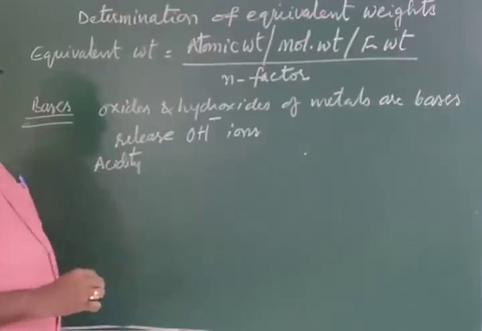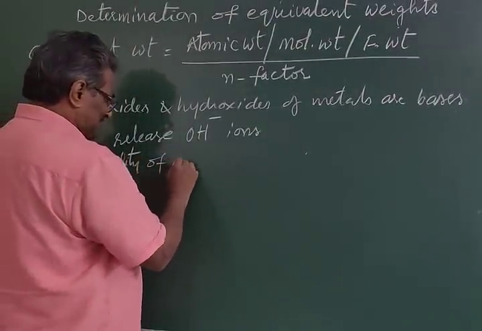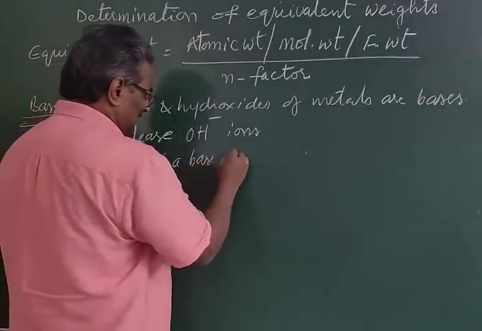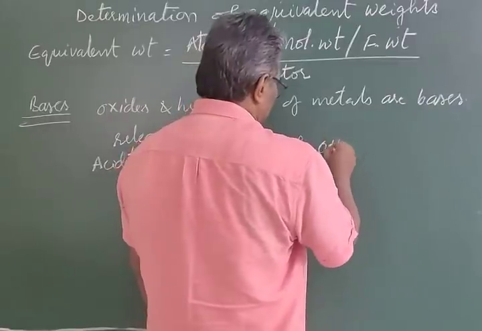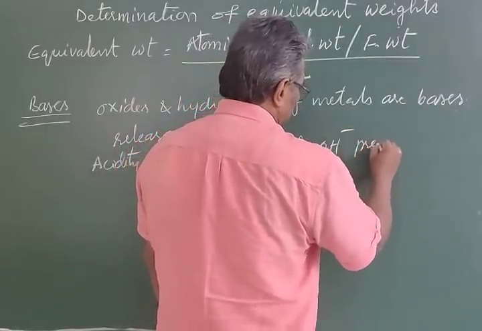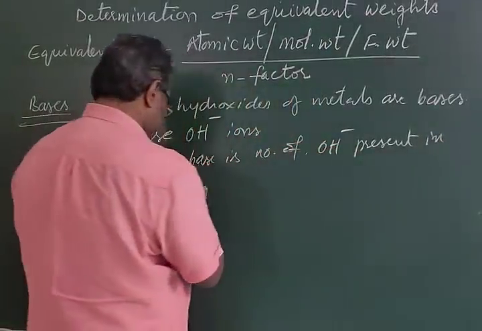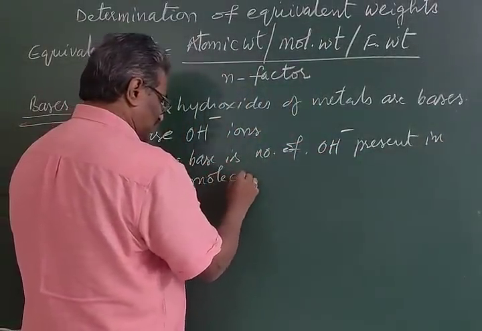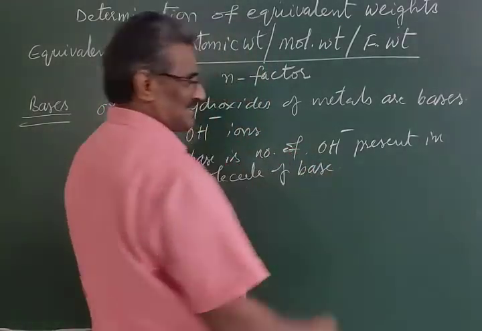Just like the basicity of an acid, acidity of a base is the number of OH minus ions present in one molecule of base.